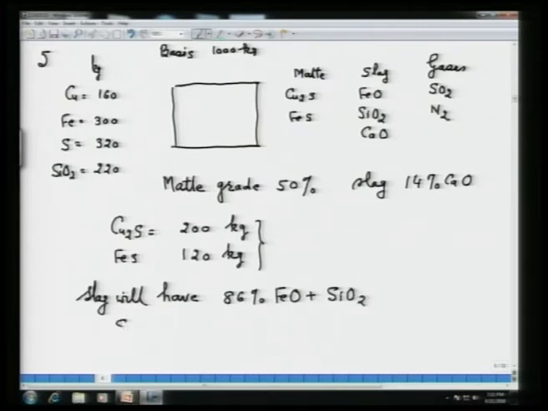Now, we know SiO2 is equal to 220 kg, because whatever SiO2 is in the charge enters into the slag; that is what the chemistry of matte smelting says. And FeO, now you have to find out the FeO in slag. FeO in slag will be equal to iron in ore minus iron in matte.